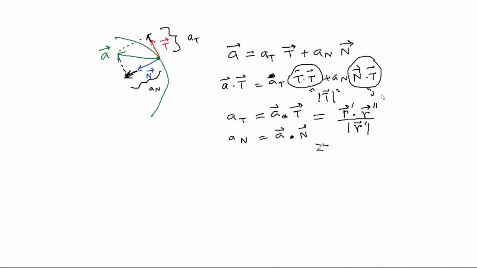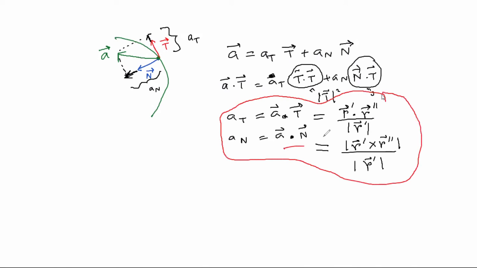And AN is going to be the length of R prime cross R double prime, divided by the length of R prime. This is probably not in your book. The first part is in your book, but the second part is not. The book only talks about this and makes a complicated example. But this is also true. I'm not giving you the derivation, but this is true. You can use it as a formula.